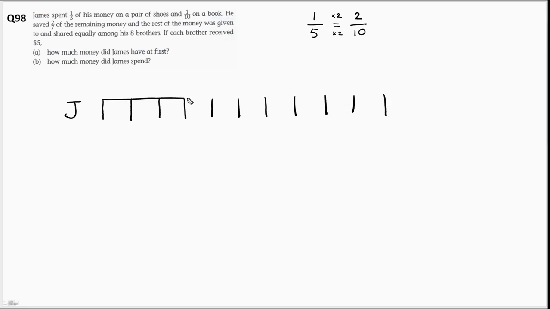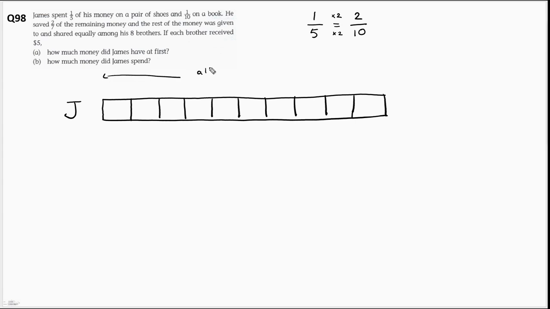And then I can join it all up. Okay, so what does this represent? This is all of James's money. Okay, this is all of it.